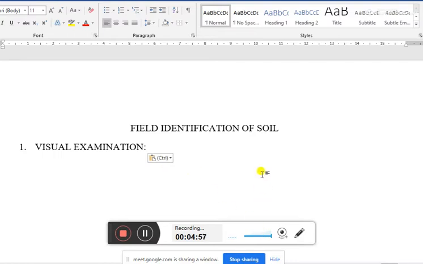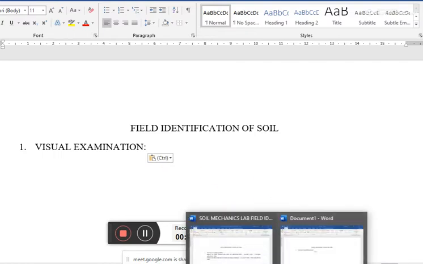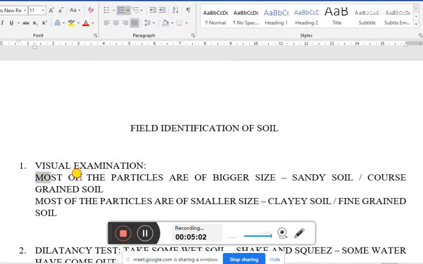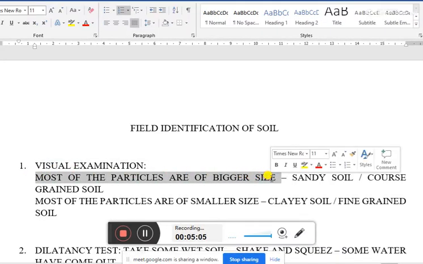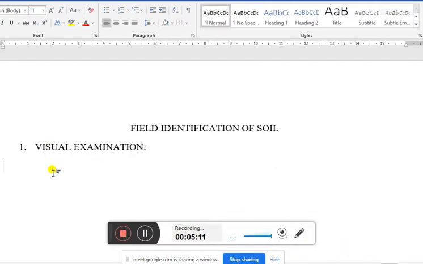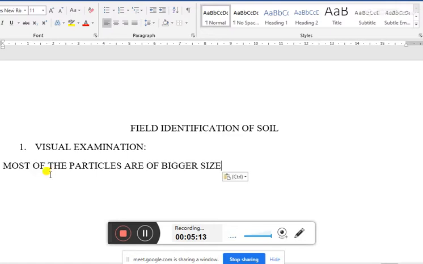If the soil particles are mostly of bigger size, then obviously the soil is of coarser particles. If most of the particles are coarser, then the soil is coarse grained soil or sandy soil.